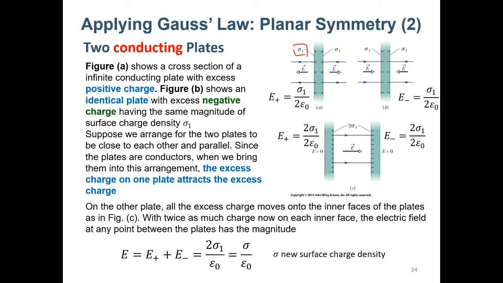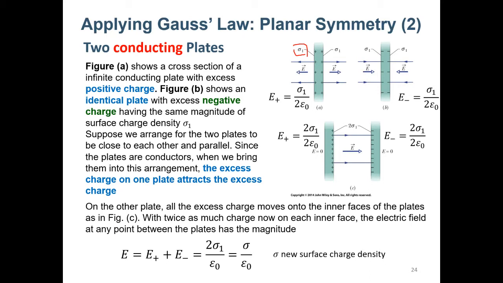But for the negative plate, the E field on the left points to the right, the E field on the right points to the left. So after you know these two plates when they exist independently or separately, we will write this.